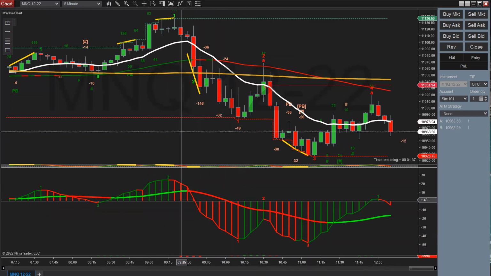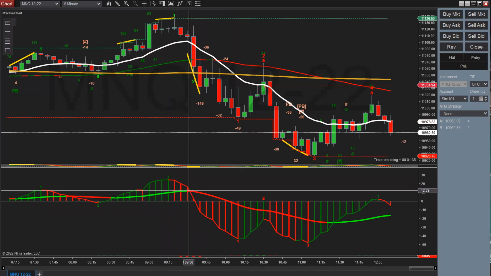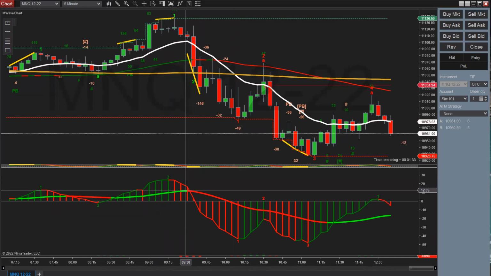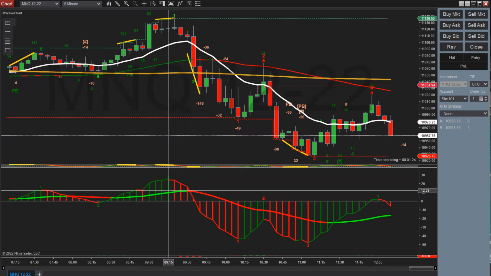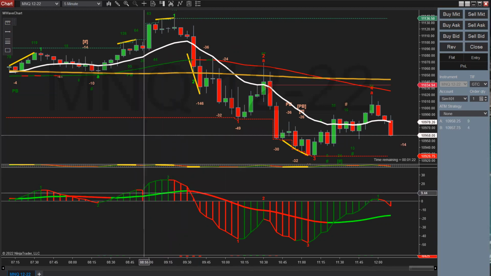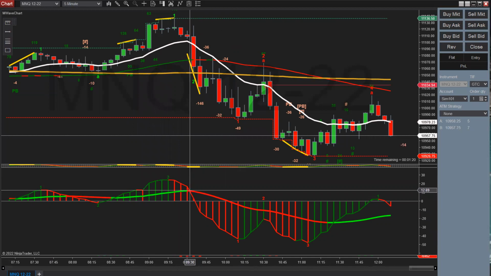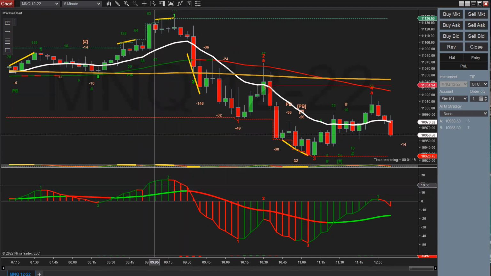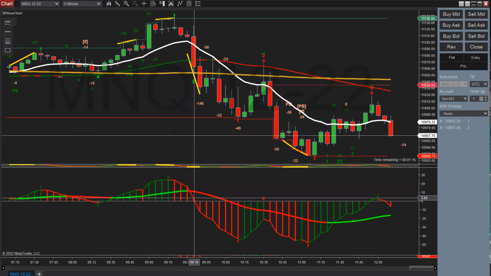Just like in stochastics, where percent D is slower but more accurate, it's the same thing here. DAD is slower but is more accurate than MOM. MOM is faster but not as accurate.